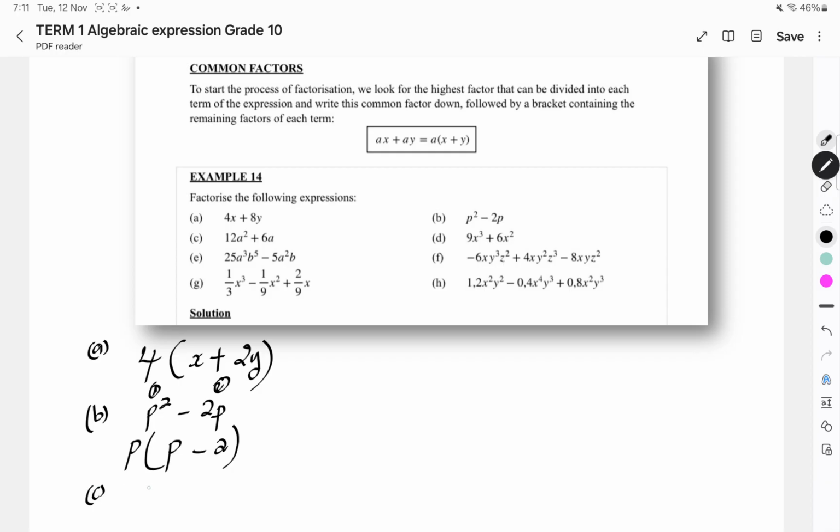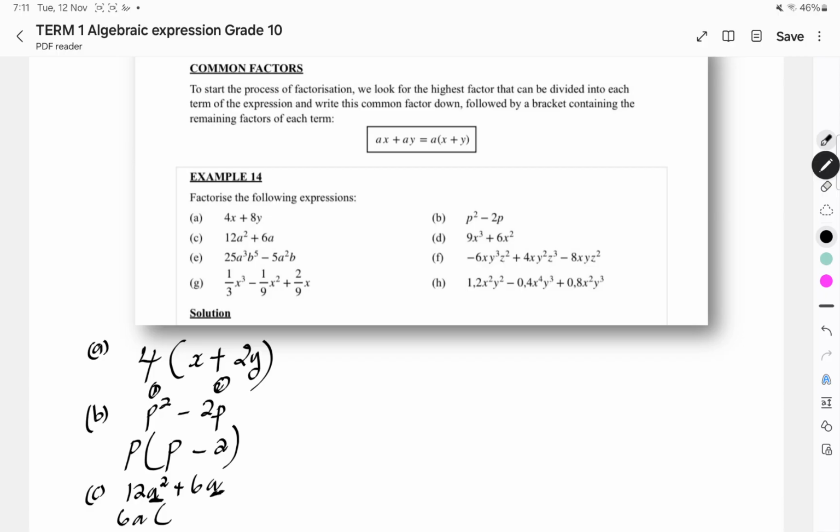And then number C, we are having 12a squared plus 6a. I need to look for a number that can go into 12 and also go into 6. Remember, we start first with a number. The highest number that can go into 12 and 6 is 6. And then I'm having 2 a's this side and 1 a this side. So the common one is only 1 a, the least that each of them has.